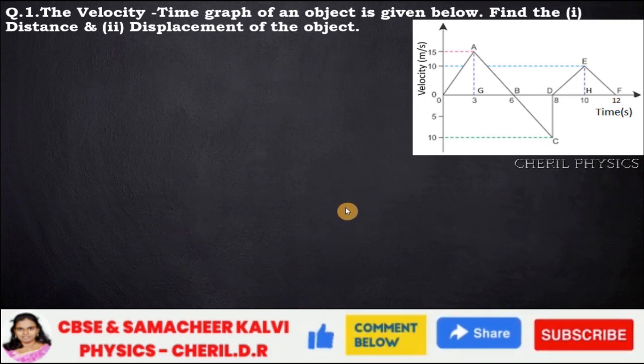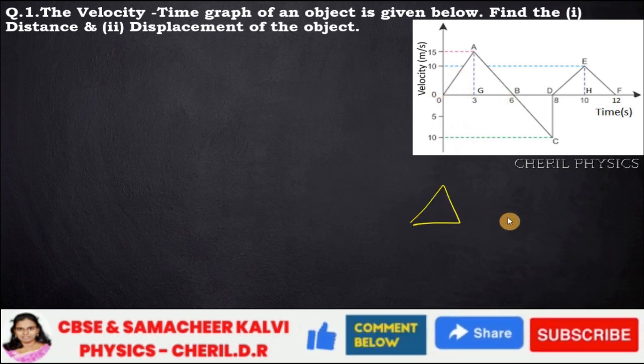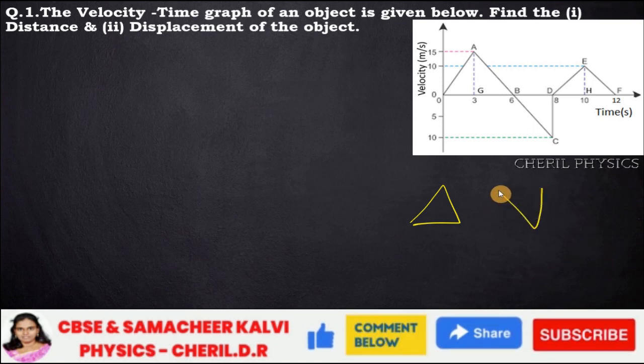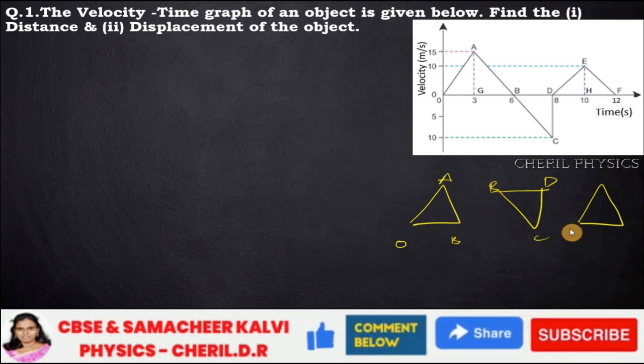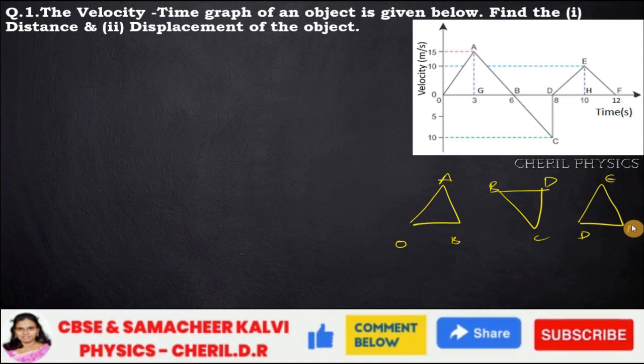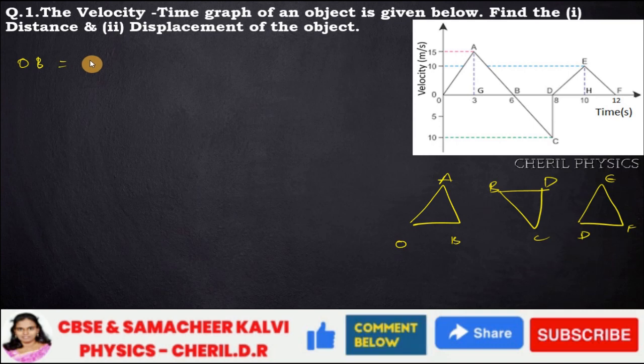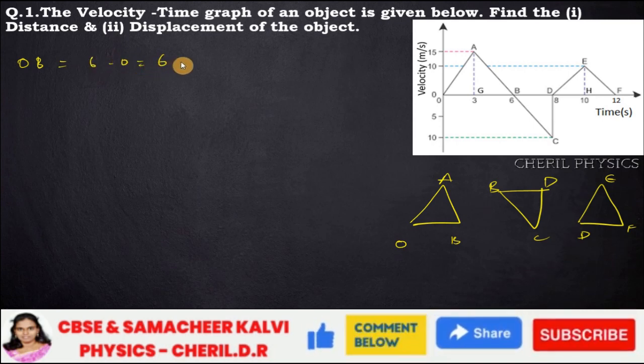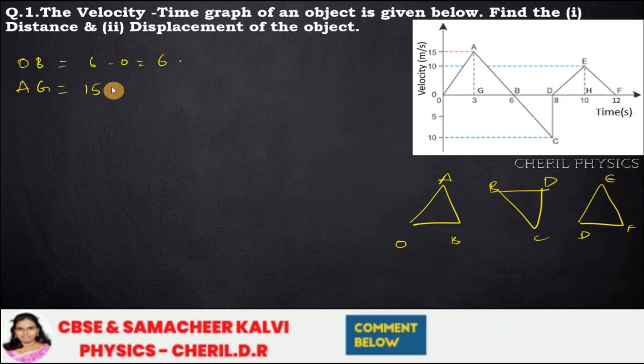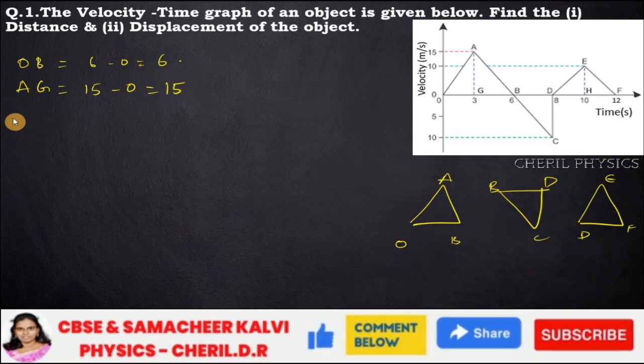Yes. We'll do a quick recap again here. You have these three triangles: OAB, BCD and DEF. OB was 6 minus 0, which was 6, and for AG we calculated 15 minus 0, which was 15.